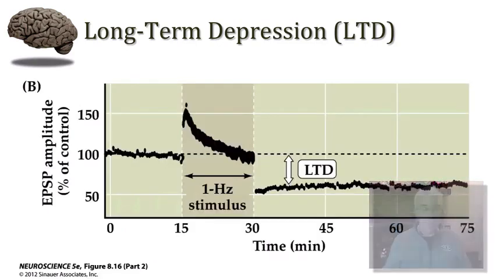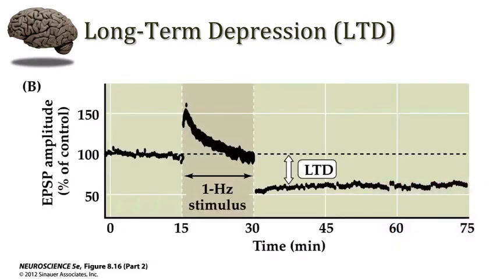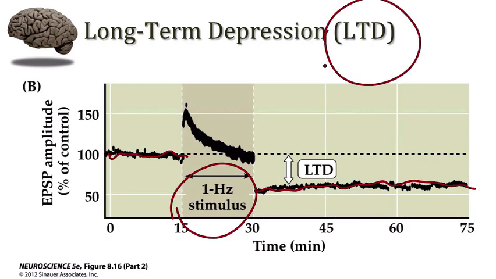And indeed, what is seen is when there is a period of low-frequency stimulation, 1 hertz as opposed to 100 hertz or even 500 hertz, we find a reduction by nearly 50% in the amplitude of the excitatory postsynaptic potential at that CA3 to CA1 Schaefer collateral synapse. So this is, in fact, long-term depression.